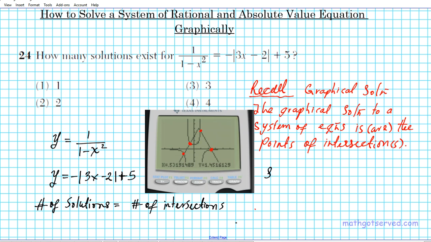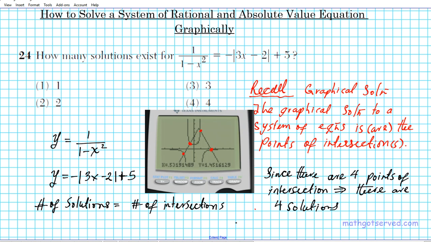Let's write that down. Since there are 4 points of intersection, that implies there are 4 solutions to the system.